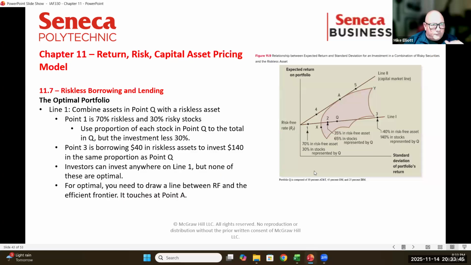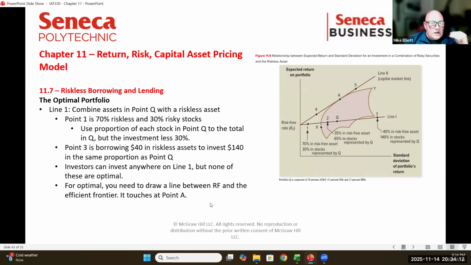The optimal portfolio is going to be the XY line. To get there, where are we here? 70% riskless is here. 0.3 is borrowing.